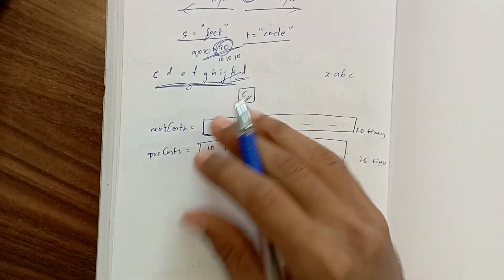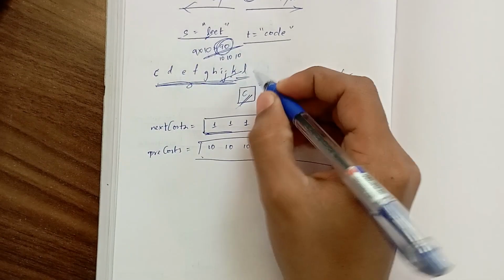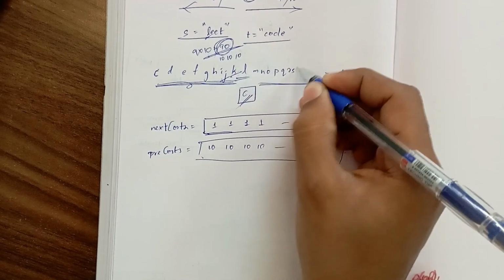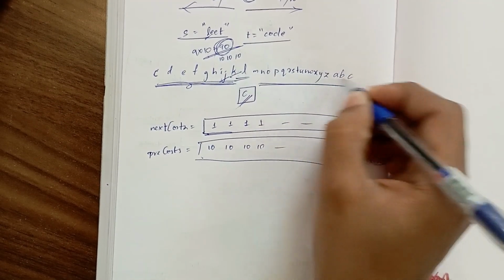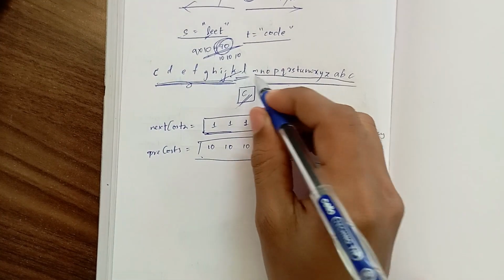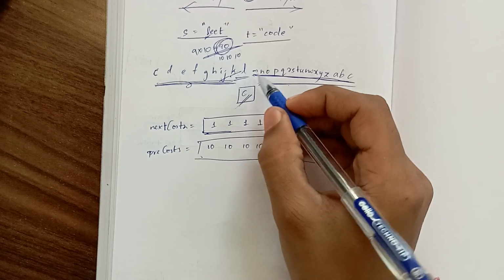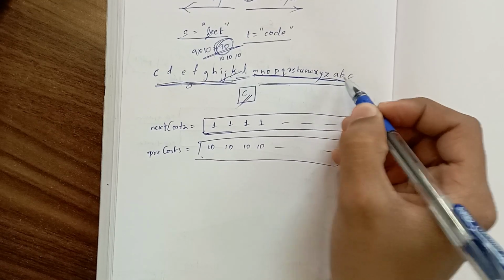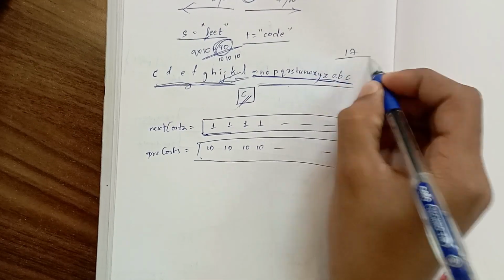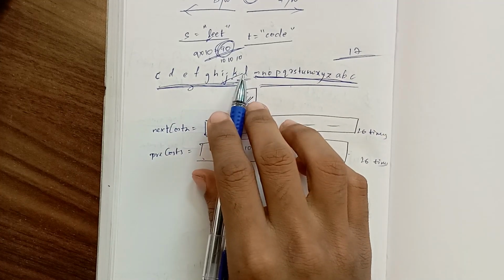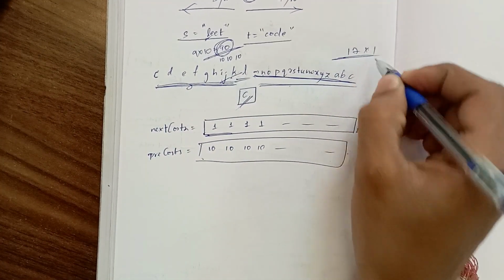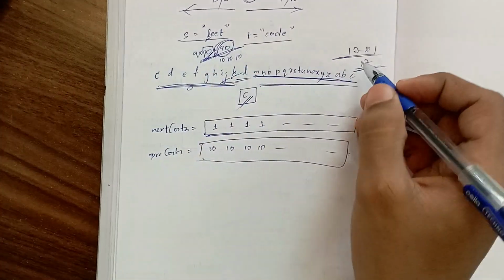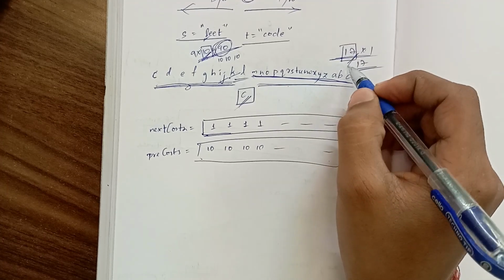Let us consider the forward steps. Now, L, M, N, O, P, Q, R, S, T, U, V, W, X, Y, Z, A, B, C. Let us count how many characters we have: 1, 2, 3, up to 17. So we have 17 characters after L. That means 17 into 1, 17. So these are the forward steps, only 17, versus 10 steps backward.